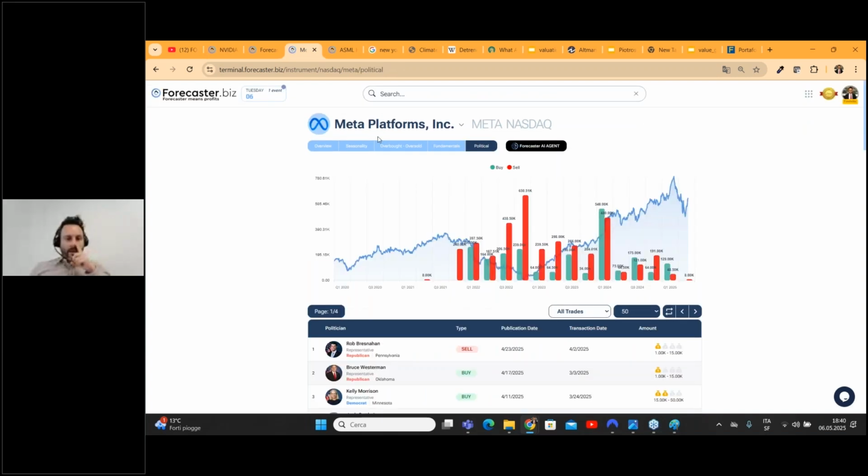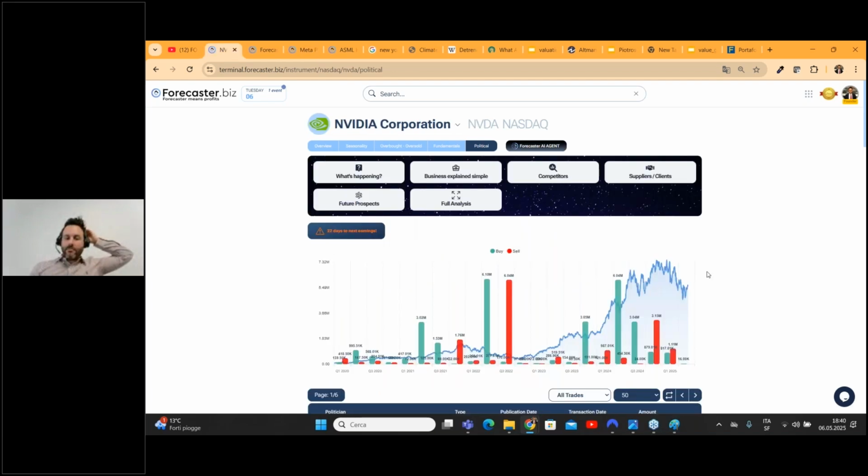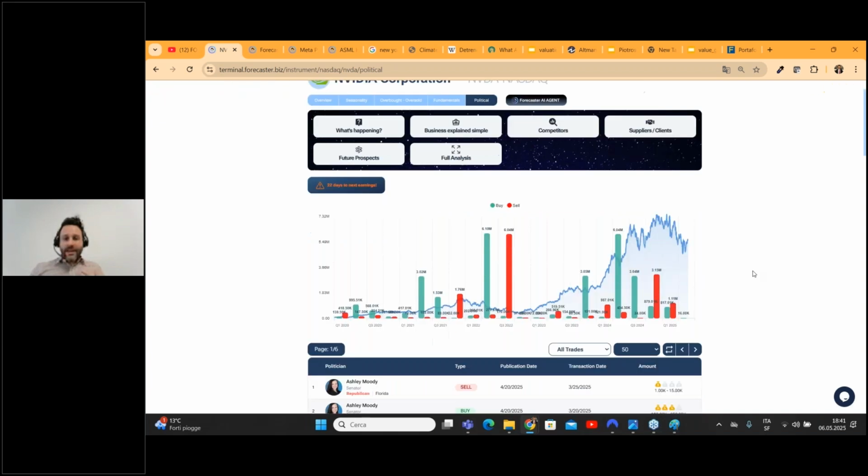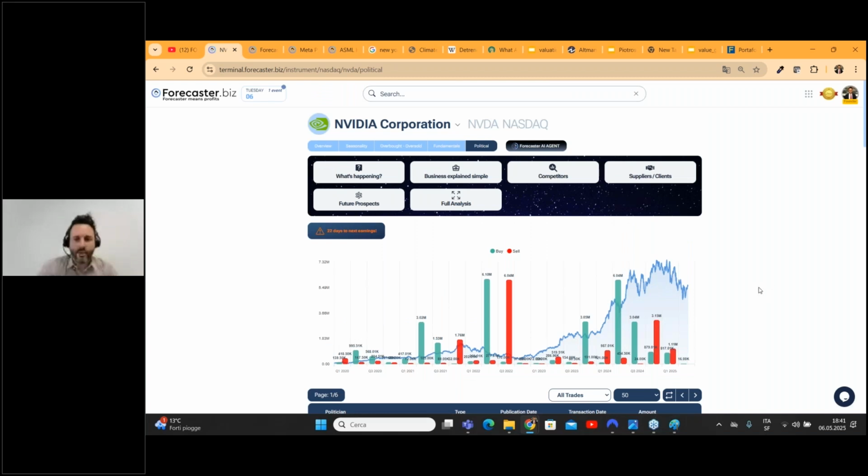Okay, and this is something interesting because sometimes it happens that some politicians buy a specific sector, buy a specific company, and this could be really interesting in order to understand what is happening on the market.